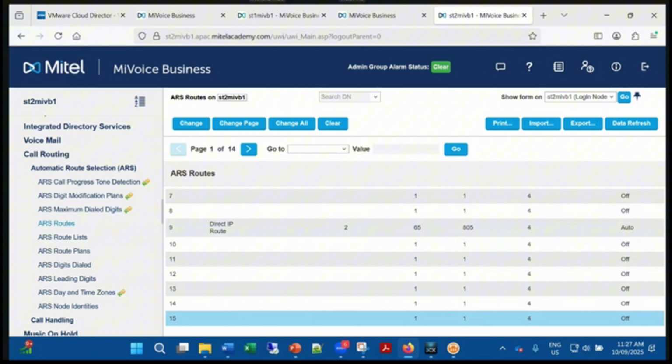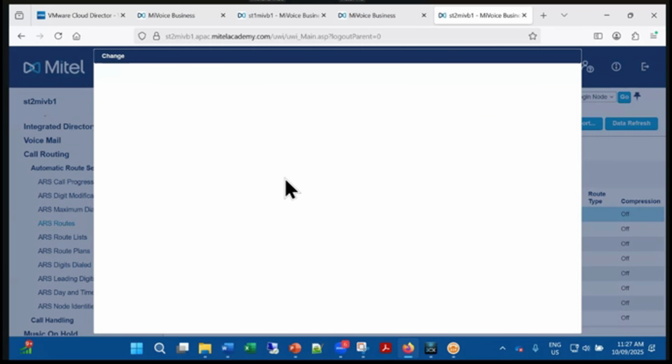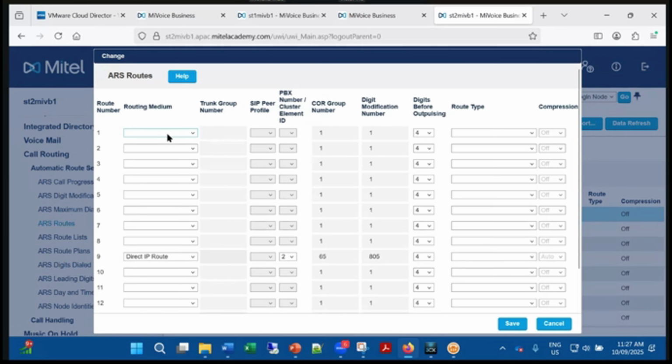So according to my table, I have 7 different types. So I'm going to program from root number 1, change page. In this lab, they're all going out on zip trunks.